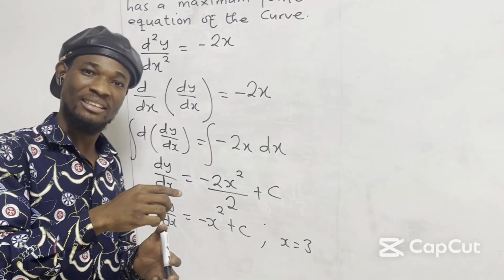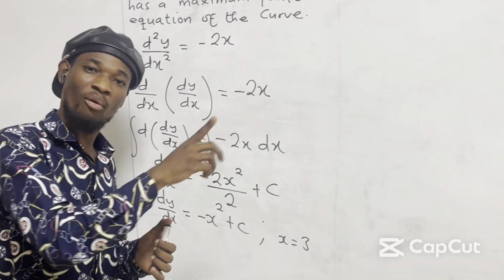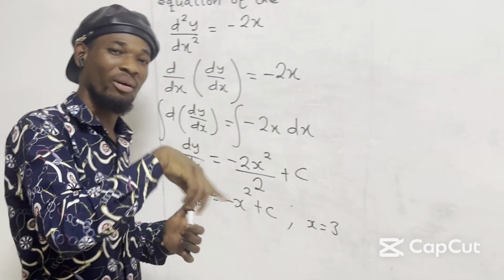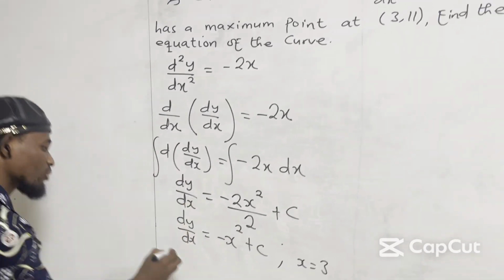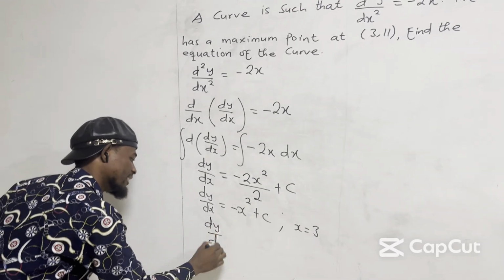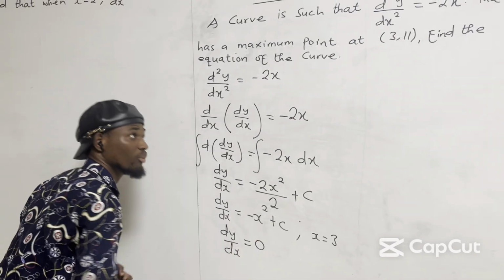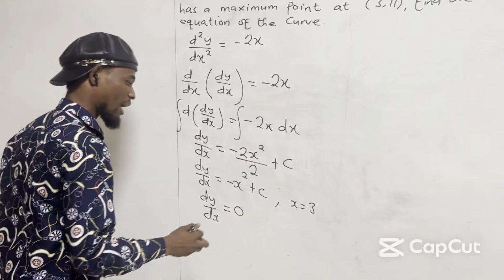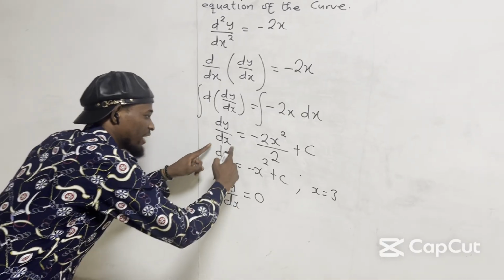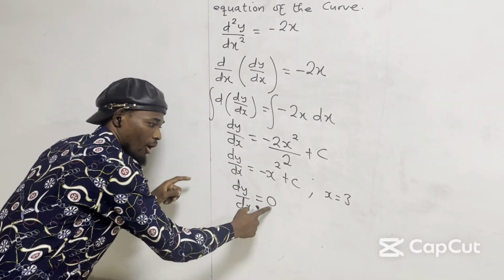So that is the extrema point, that is the critical point, that is the turning point. So dy dx is equal to 0, at the maximum point. So whenever I see dy dx, I will put 0 there, right?